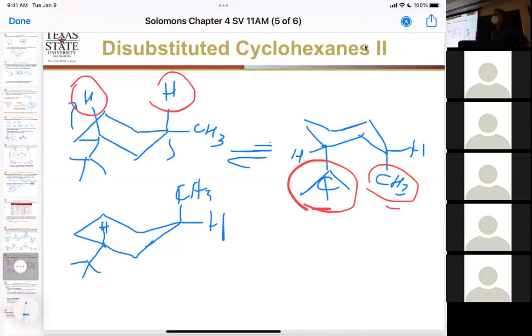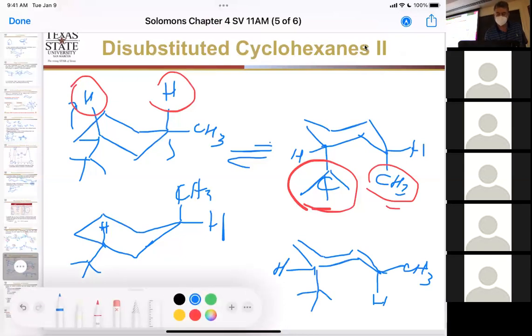Okay. So now we have the T-butyl group in the equatorial position, but the methyl group's in the axial position. So if we redraw it, we're going to see that that methyl group is now in the equatorial position, and the T-butyl group is now in the axial position.